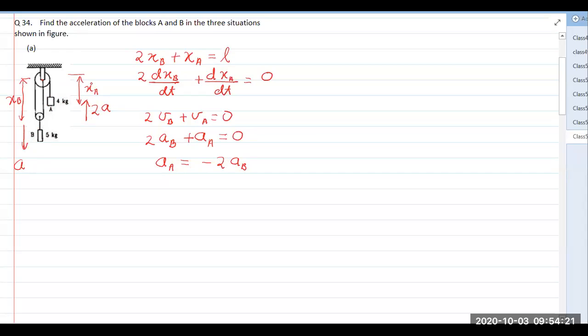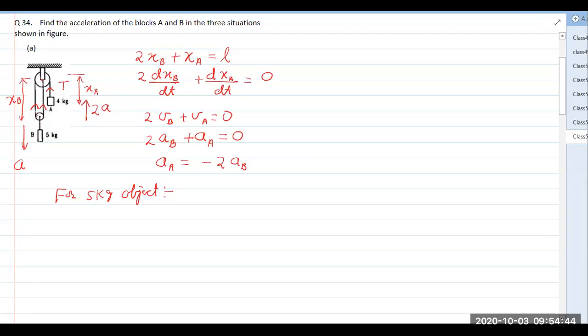Now we can write the forces. We have a tension here, here, and here. For the 5 kg object, or B, there are two tensions acting upward, because these two tensions come through this string.